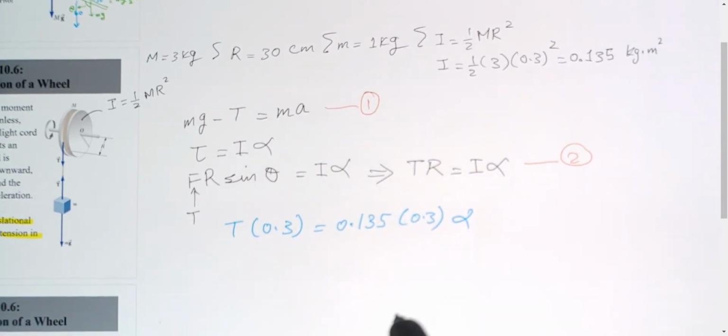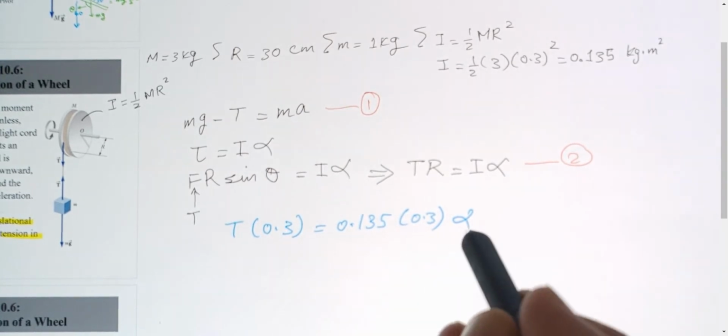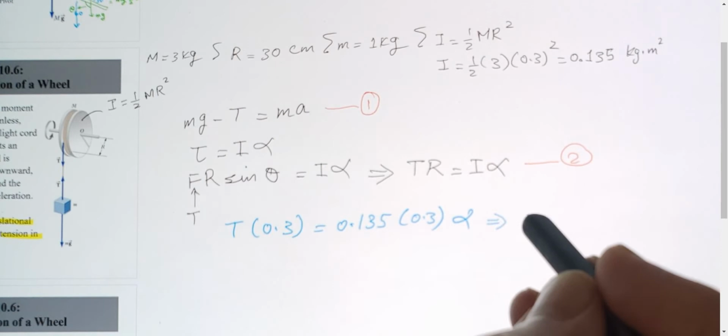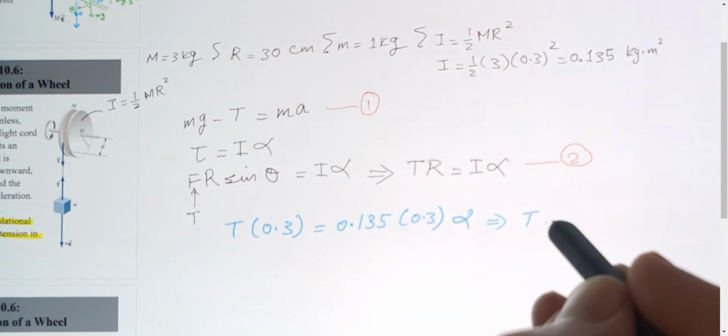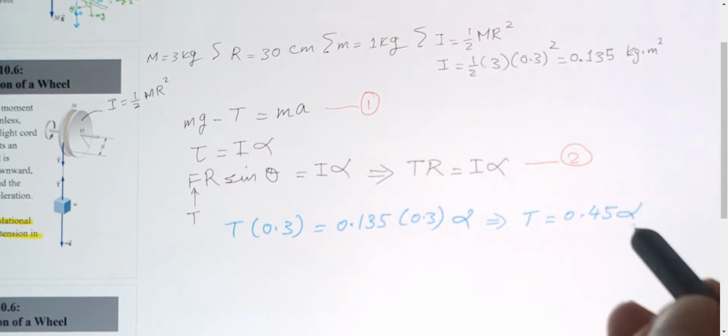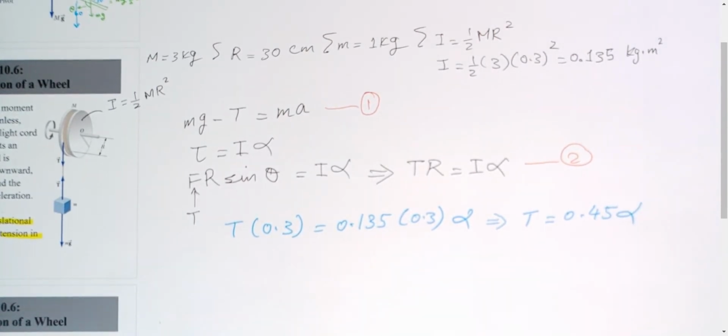Because I am interested in alpha. So basically, from this equation, I have torque is equal 0.45 alpha. Alpha is the angular acceleration.